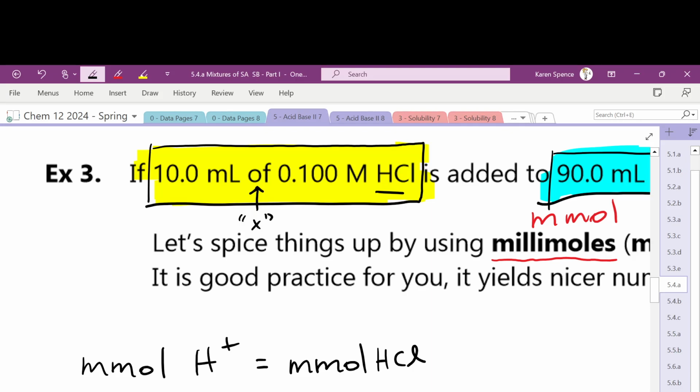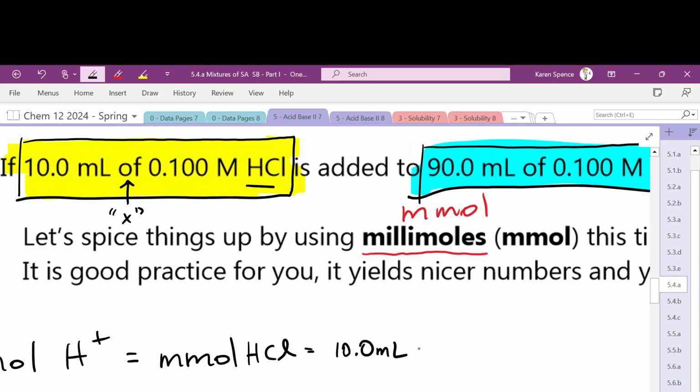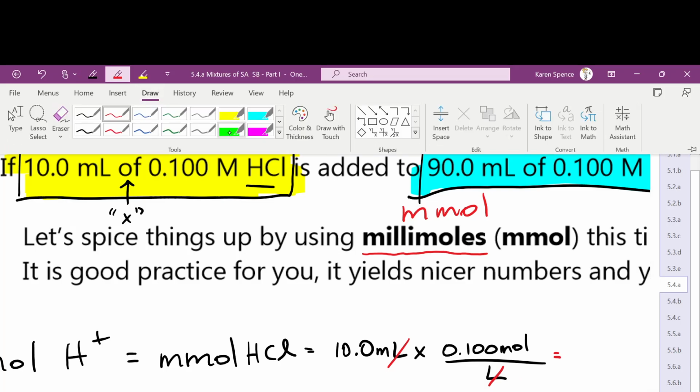So all you have to do here is you have to say 10 milliliters, and instead of the word "of," you just write times. And then we say 0.100. And I'm going to write this as moles over liters so you can see the cancellation. Now, what am I left with here in terms of units?